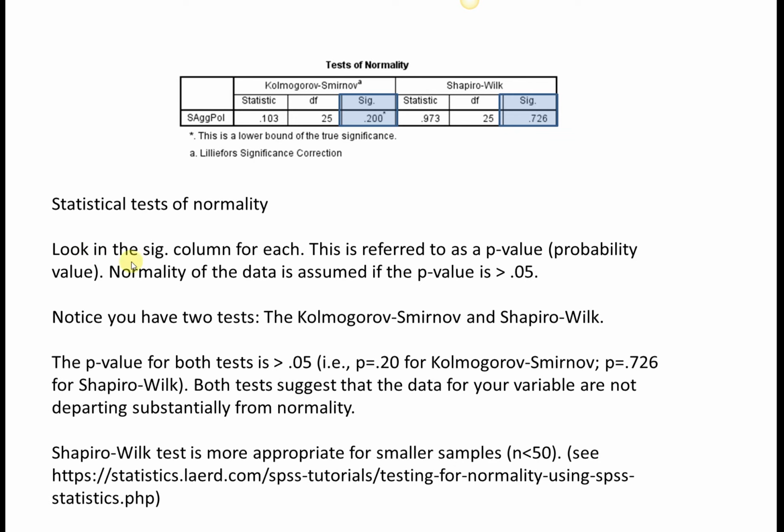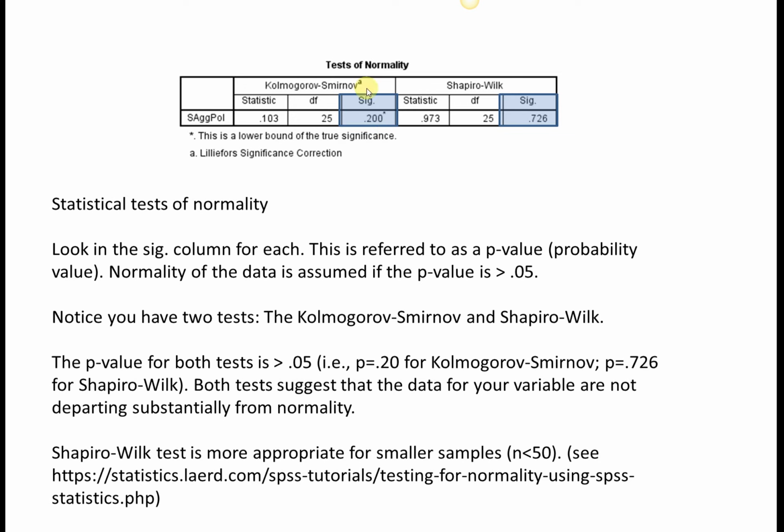What we do is look in the Sig column. This is significance, and basically these are what are called p-values, or probability values. They're testing whether or not our data are departing substantially from normality.